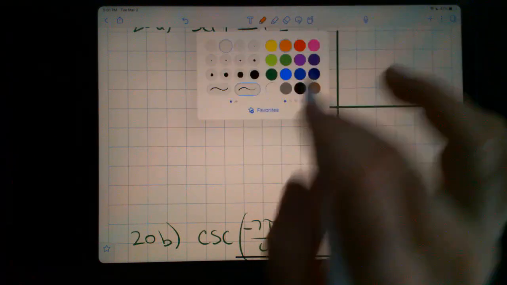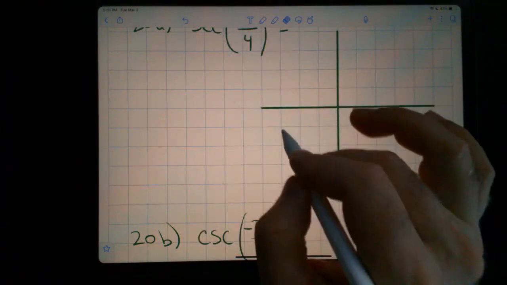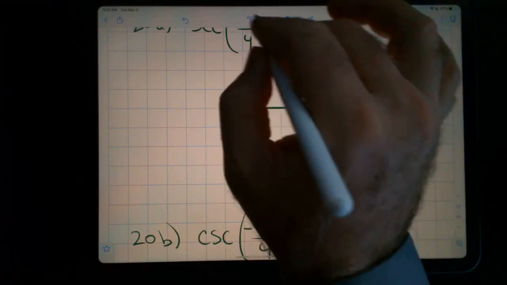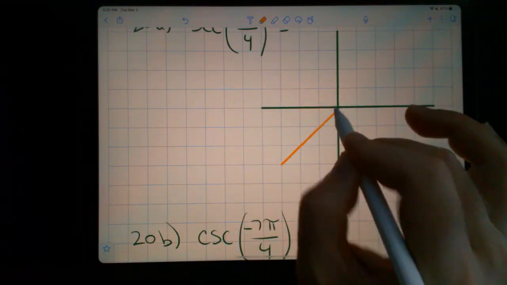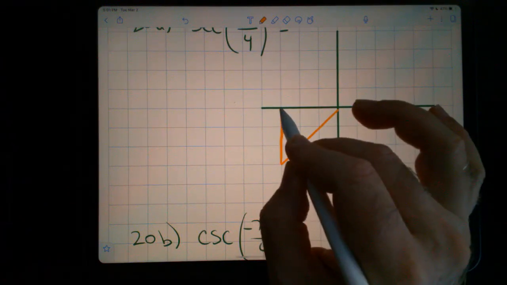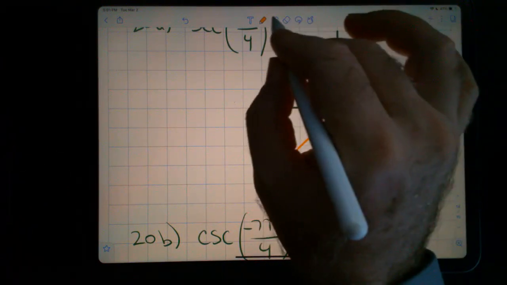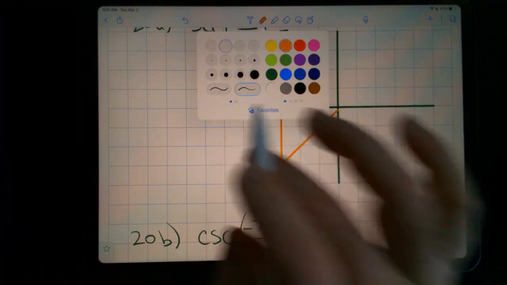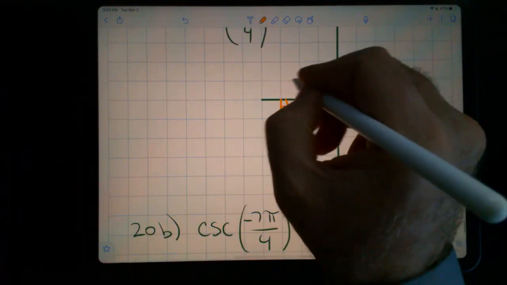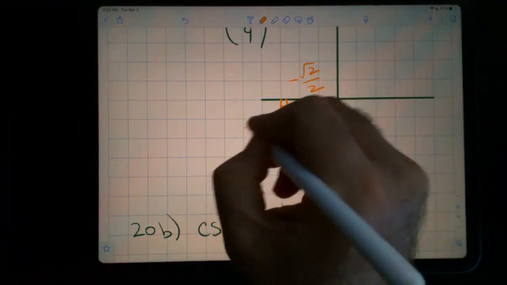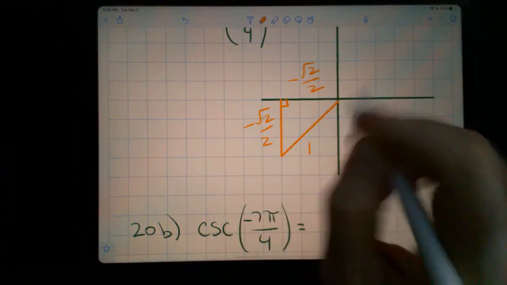Secant of 7 pi over 4. So this is going to be negative radical 2 over 2, negative radical 2 over 2, and a 1.